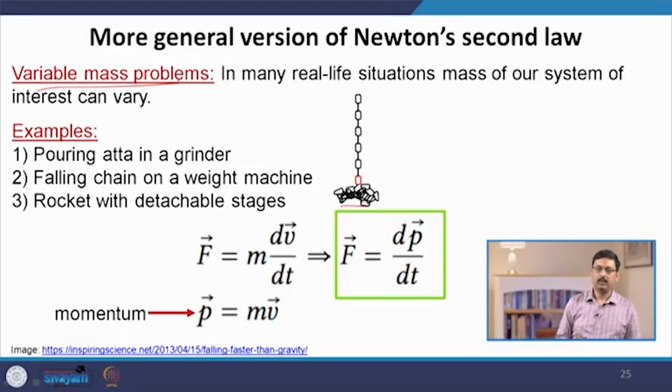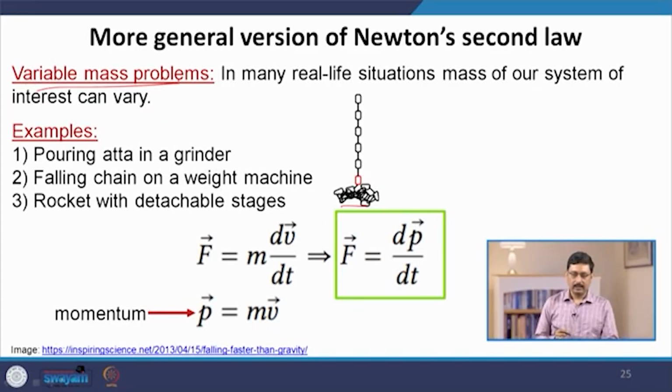When the rocket is lifted from the earth, it has a lot of fuel, and as it progresses further and further away from the earth, the fuel is consumed, and some parts get detached from the rocket, which gives a boost to the velocity of the remaining part of the rocket. So, these are examples of what are called variable mass problems.